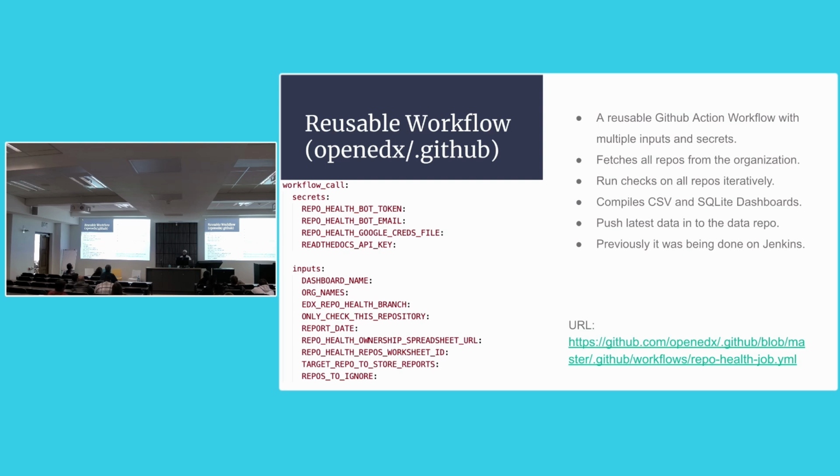So this is the part where, if you are setting this up for your organization, you can provide the organization name and it will fetch repositories from that organization and run checks on them. And the Repo Health branch was added because whenever we want to create a new check, before merging the code and releasing the new version of Repo Health, we run from the branch.